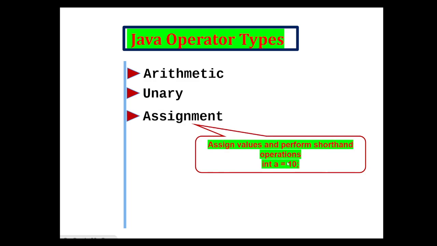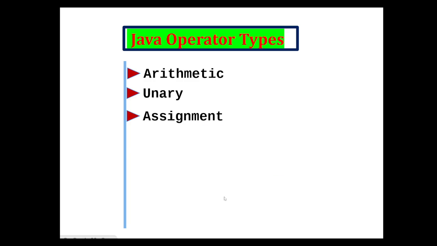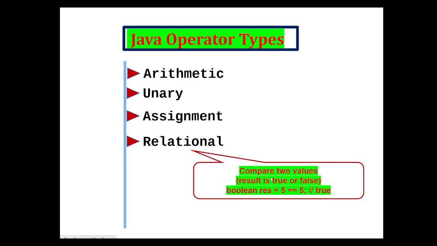Next is the assignment operator, which will assign a value to a variable. For example, int a is equal to 10, in which the value 10 gets assigned to the variable a. Next is the relational operator. Here it will compare two values and the result can be true or false.